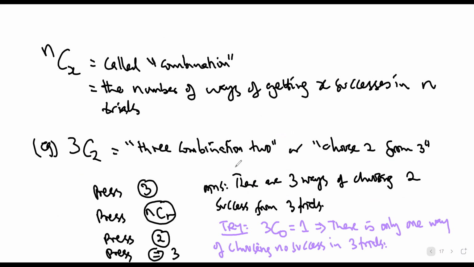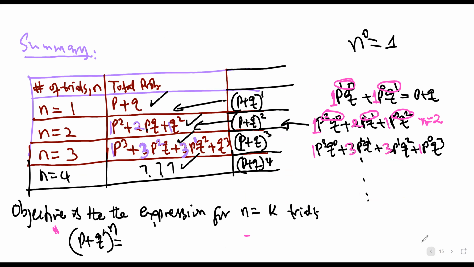The powers of P, starting from the first one, are decreasing from the number of trials to 0, and the powers of Q are increasing from 0 all the way to n. Same case here: P power 2, 1, 0, and then Q starts from 0 to 1 to 2. Here, P starts from 3, 2, 1, 0, and Q goes 0, 1, 2, and 3.